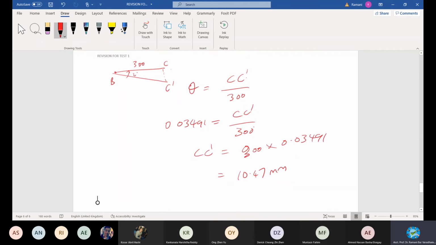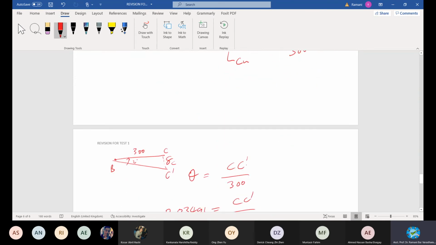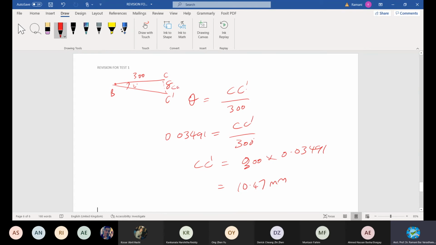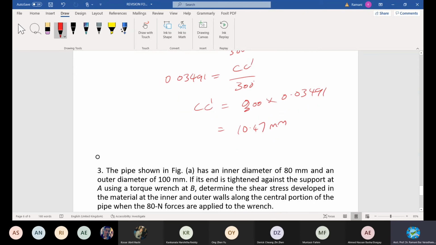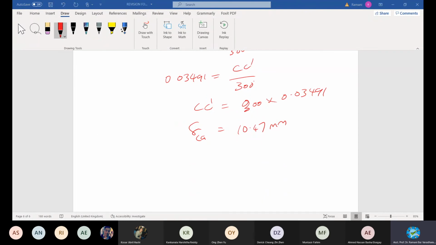Change in length, or delta. Use the same notation I wrote: delta CG. Now delta CG is equal to this value. Let's find out the remaining. Can you find the strain?